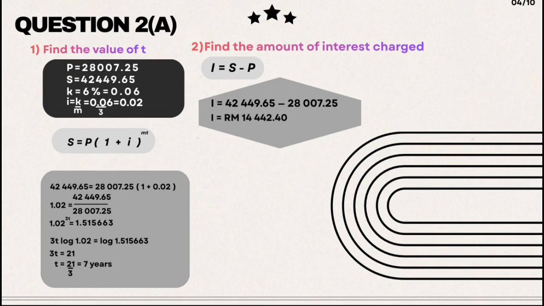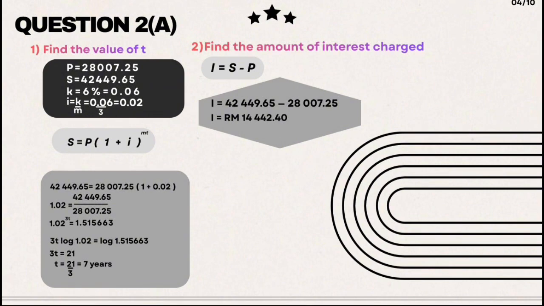To solve for 3t, we divide log 1.51563 by log 1.02, which gives us 21. Finally, dividing 21 by 3 gives us our final duration of exactly 7 years.